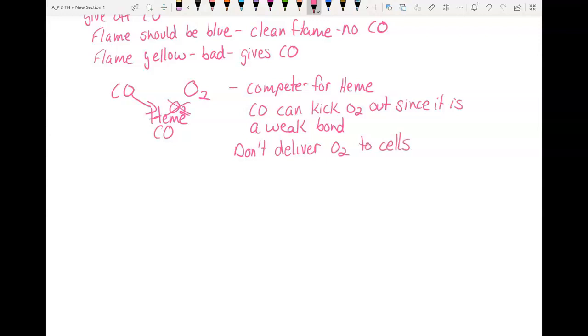Okay, so think about what you do with oxygen. Oxygen is used by mitochondria to make ATP. If you don't deliver oxygen to your cells, then your cells can't do cellular respiration and make ATP.